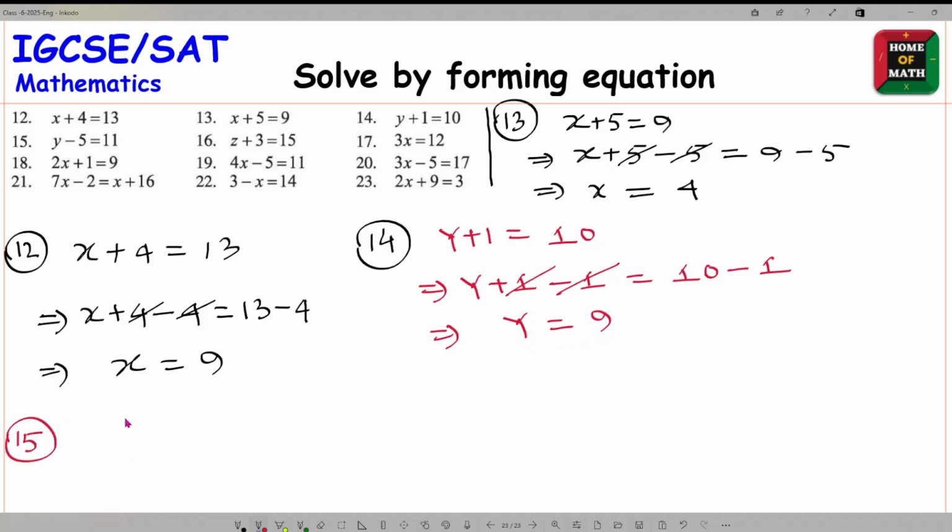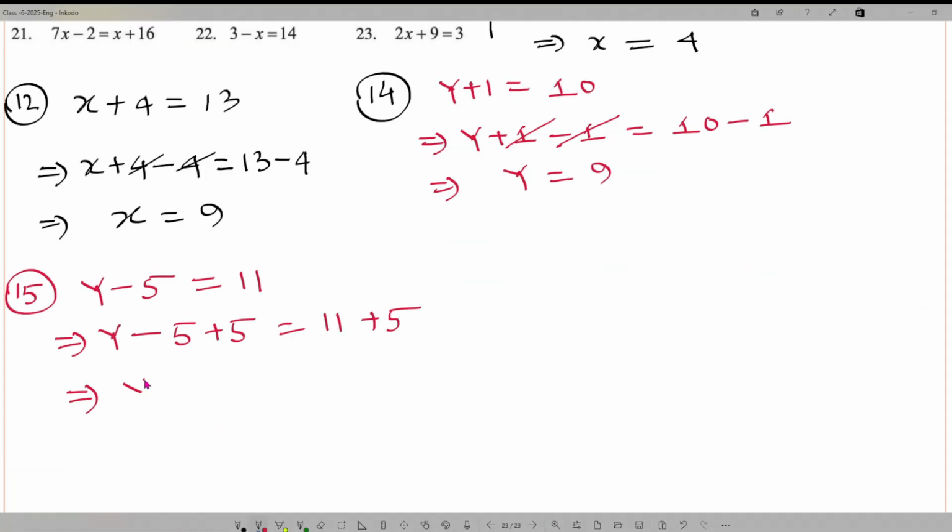Number 15, y minus 5 equals 11, so y minus 5 plus 5 equals 11 plus 5, right? y minus 5 plus 5 cancel out, so 11 plus 5 is 16.